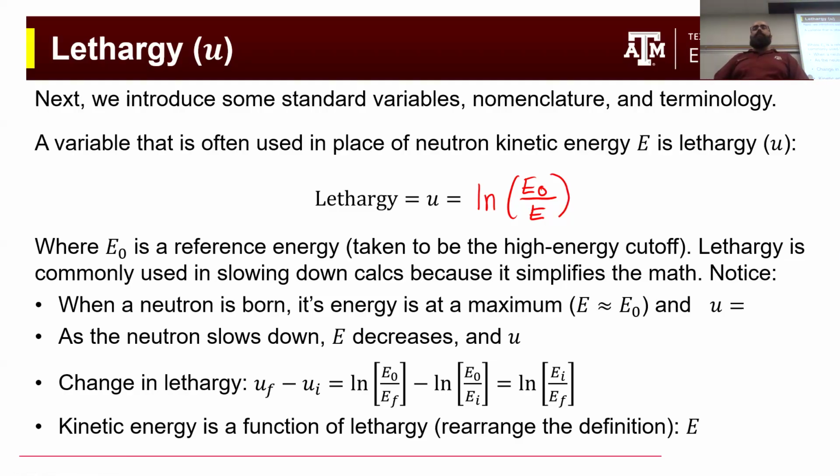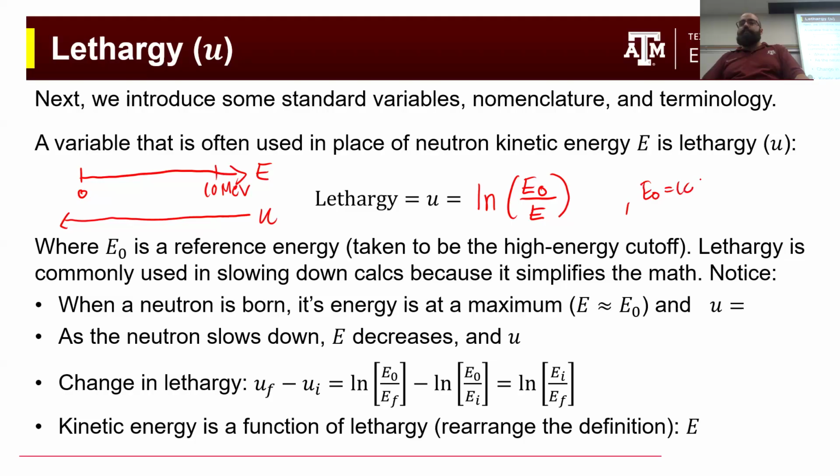So essentially, if you have an energy axis where this is 0 and this is 10 MeV, E0 is our cutoff energy. If we say E0 is 10 MeV, then at that energy of 10 MeV, our lethargy u is the ln of 10 over 10, which is the ln of 1, and ln of 1 is 0.